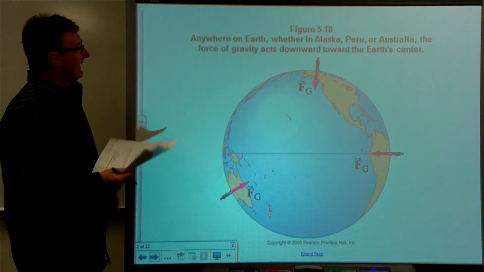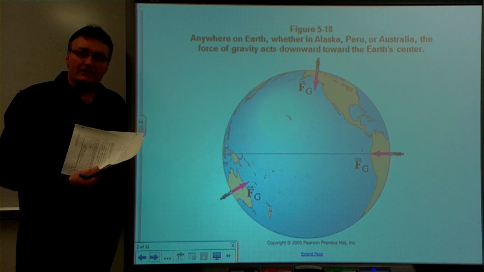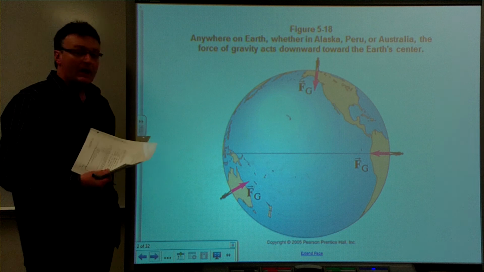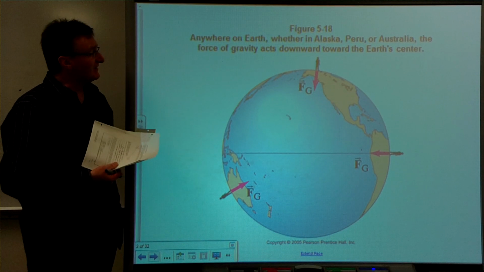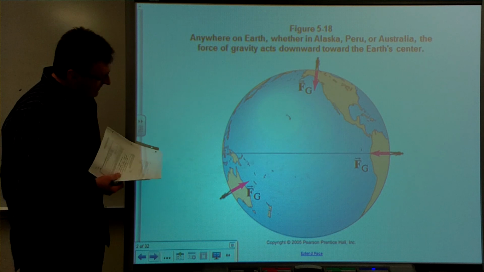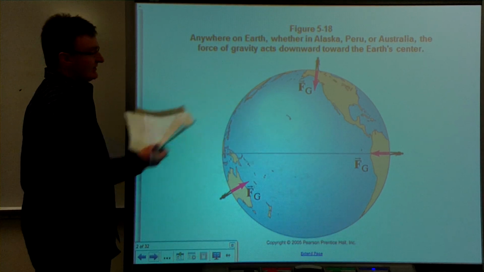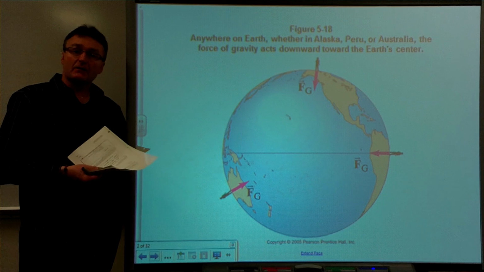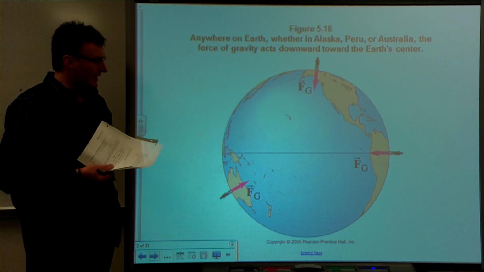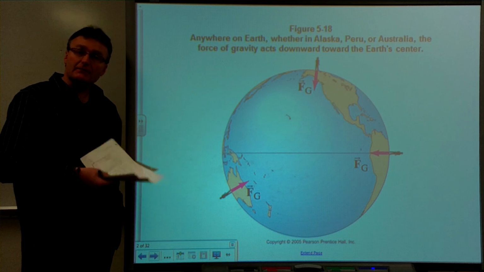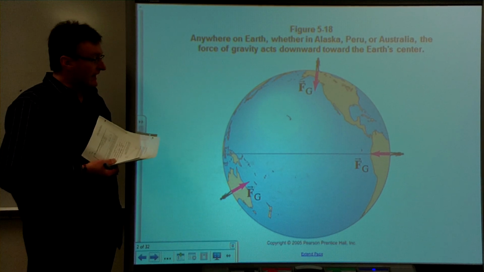So gravity. It was Sir Isaac Newton that did a lot of the groundbreaking work, sorry for the pun, on gravity. He knew that at just about every point on the Earth, the force of gravity was about the same. So it led him to conclude that maybe it was the Earth itself that was producing this force of gravity.